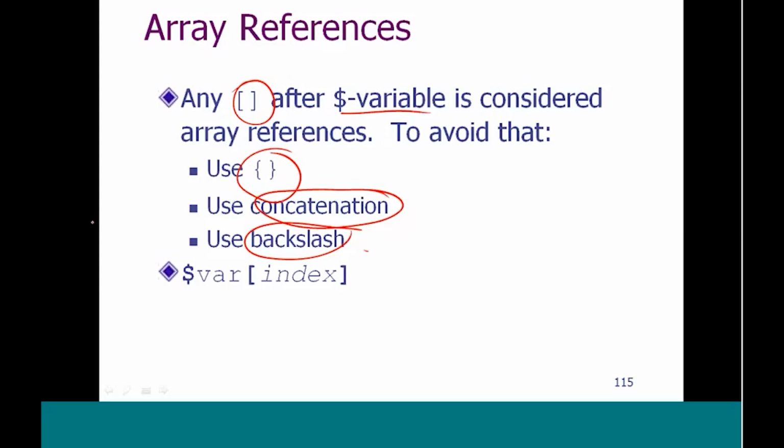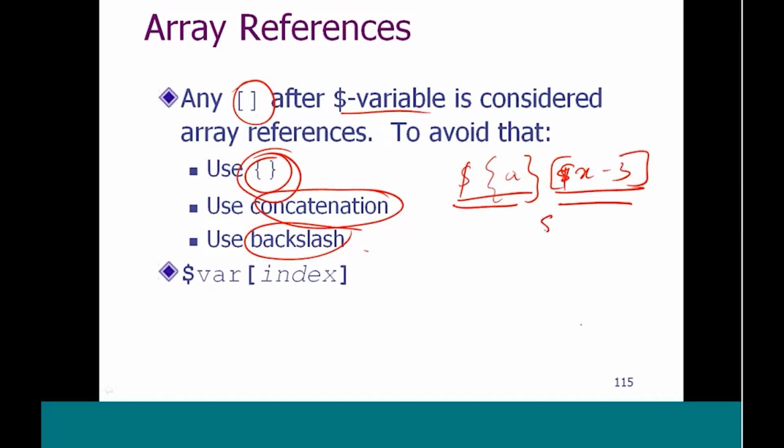Using the curly brackets, you can specify the dollar, curly bracket A, and then use the square brackets. This is one way to avoid the confusion and print literal terms. This is evaluated as one, and this is evaluated as a separate entity, and does not get confused with the $A[...] kind of evaluation. So this is one way to do it.